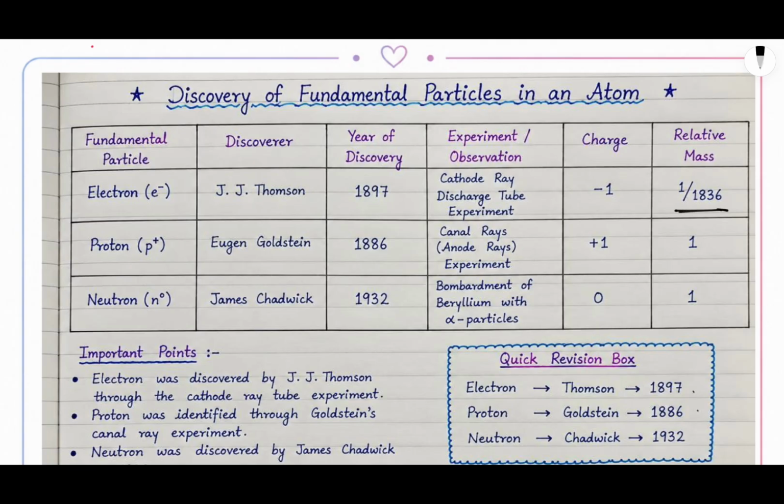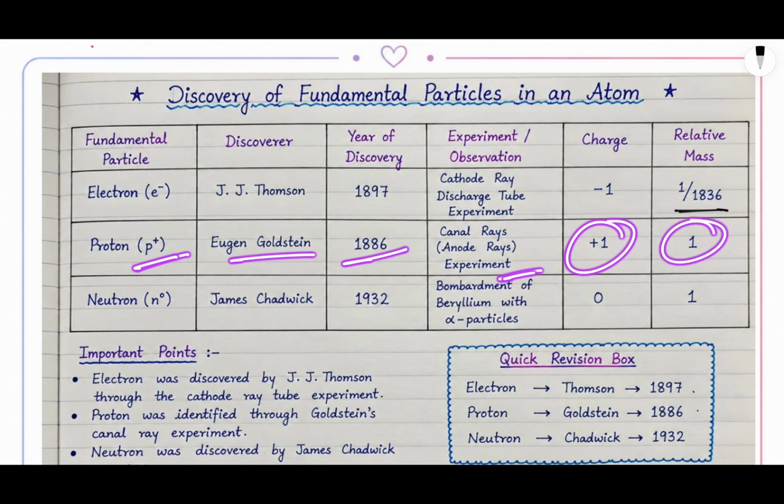Another one, the proton, was discovered by Goldstein in 1886 by the canal rays experiment, and its relative charge is +1, relative mass is 1.